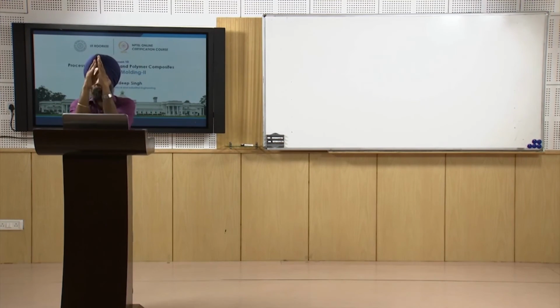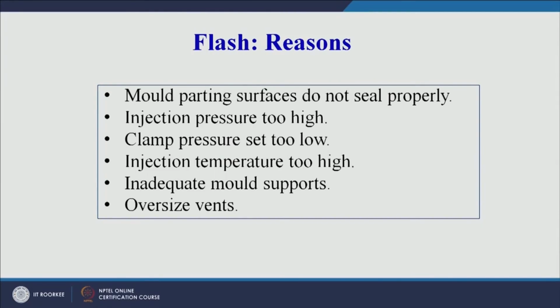If the mold supports are not adequate, it may even lead to movement of the two halves of the mold, which may also lead to flash. And sometimes oversized vents may lead to flash. So we have different reasons for the flash to happen, but the bottom line is that all these reasons have to be addressed in order to avoid this type of defect.